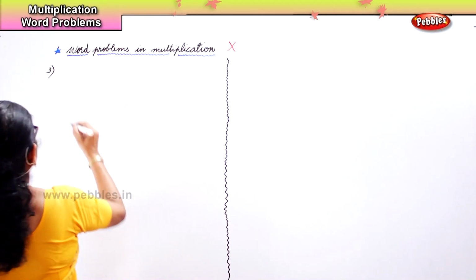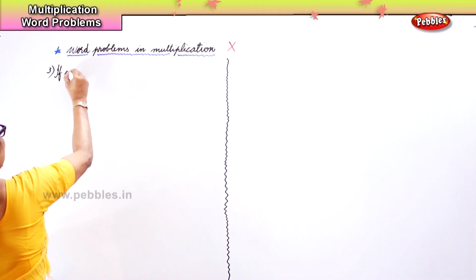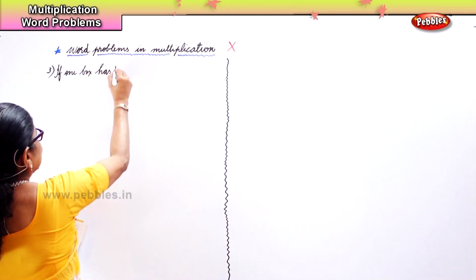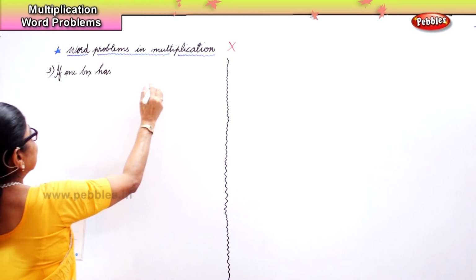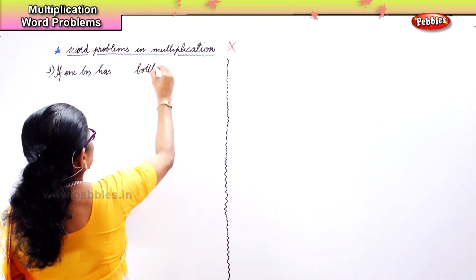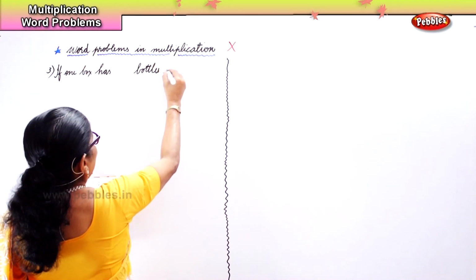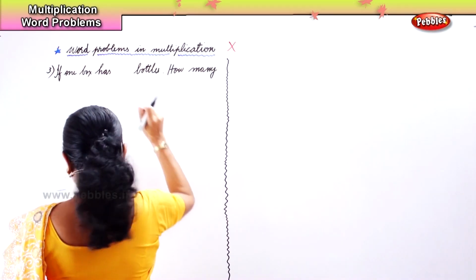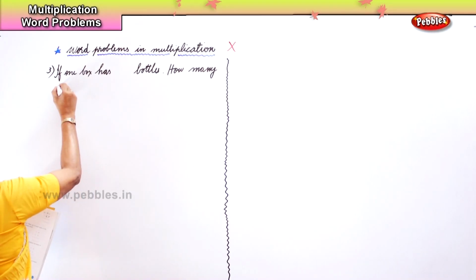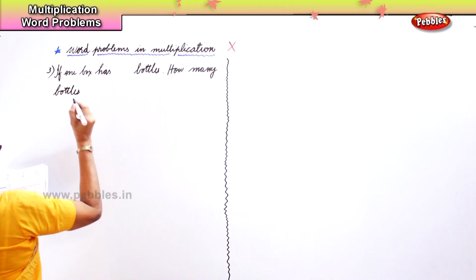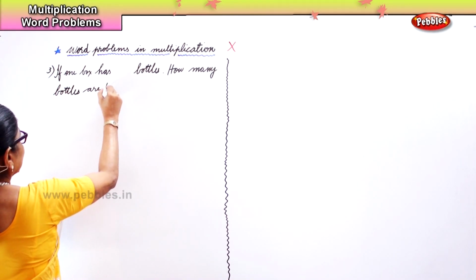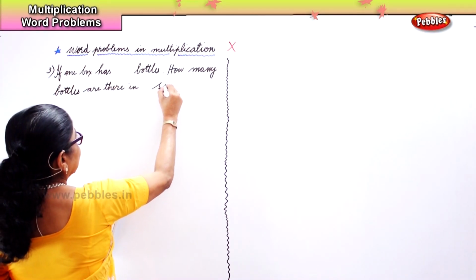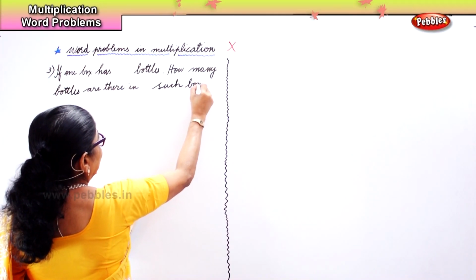If one box has 17 bottles, how many bottles are there in 14 such boxes?